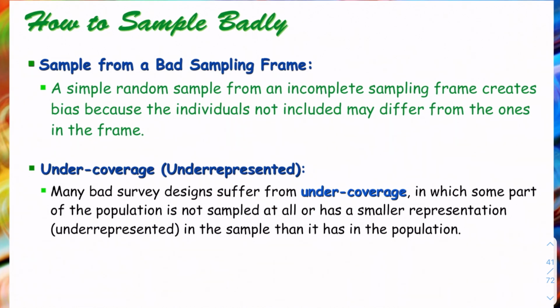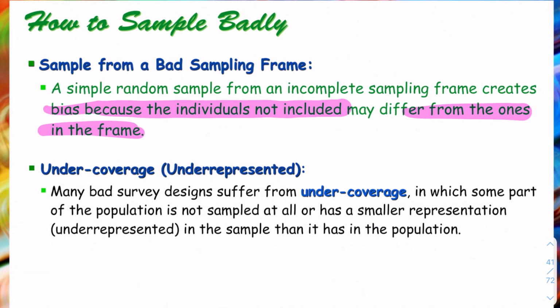So, other ways to sample badly. Sample from a bad sampling frame. A simple random sample from an incomplete sampling frame creates bias because the individuals not included may differ from the ones in the frame. So if you are not equally likely to choose everyone in the population because people aren't included, you might lose out on your opinions of the entire population.